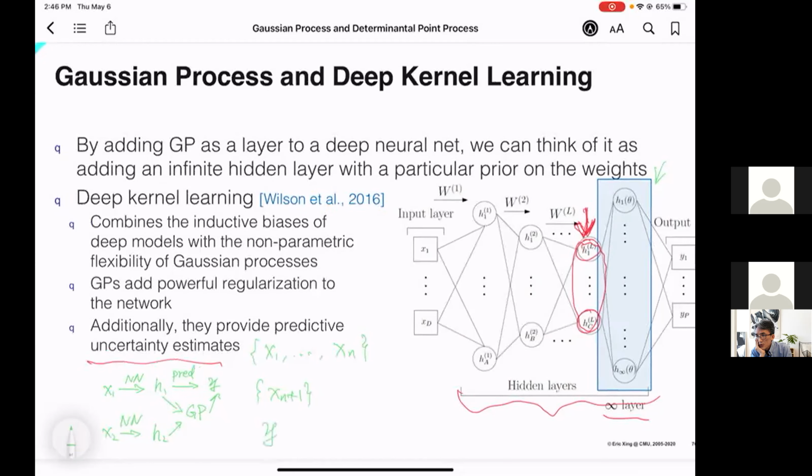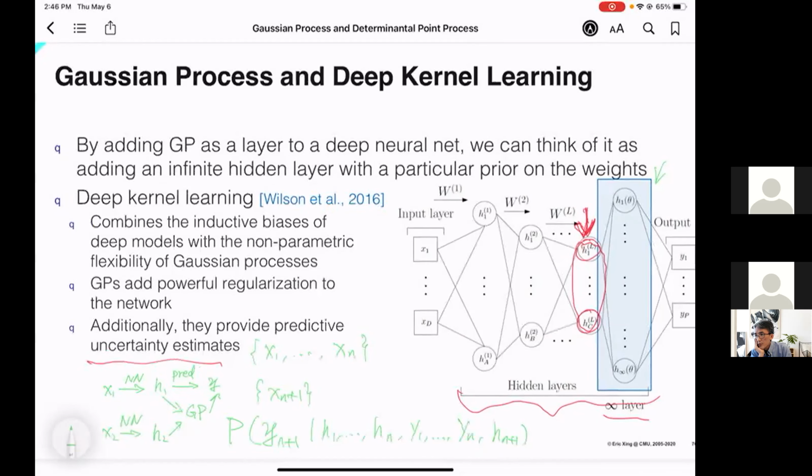Finally, we want to find the conditional distribution of yn plus 1 given h1 to hn, y1 to yn, and hn plus 1. This is like we have n training data points and one data point we want to make a prediction on.